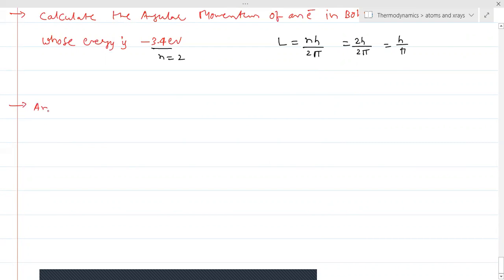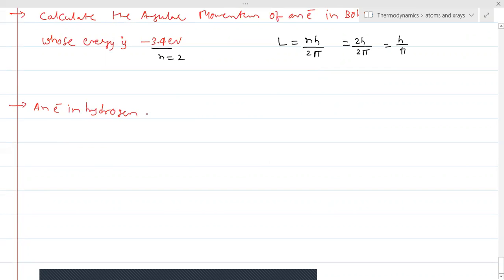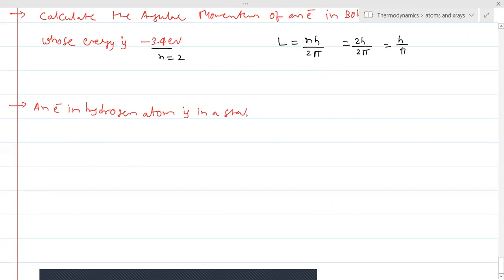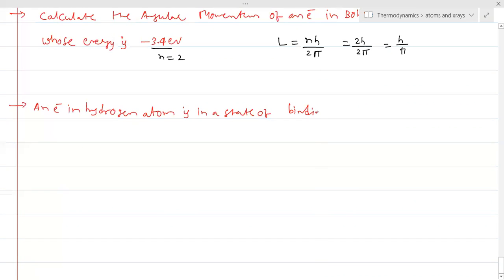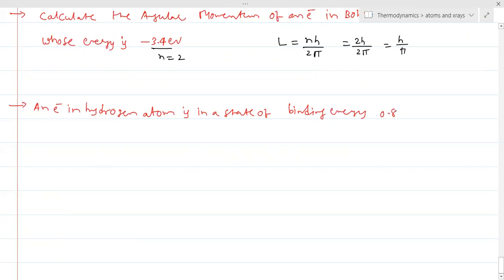For example, an electron in a hydrogen atom is in a state of binding energy 0.85 electron volts.